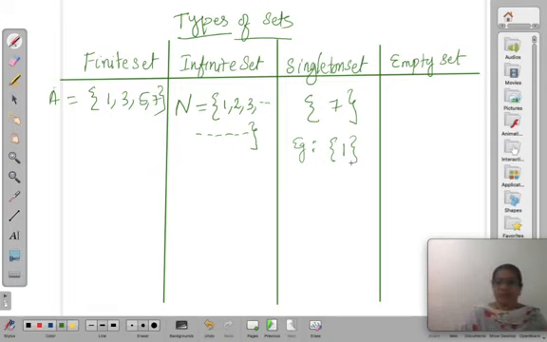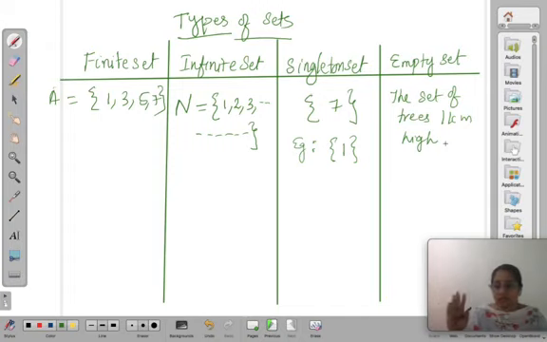Then empty set. That means if there is nothing, we will call it empty. Empty means nothing is there. For example, the set of trees 1 kilometer high. Can you name any tree like that? No, there is no 1 kilometer tree.